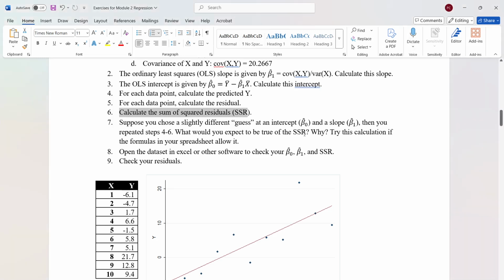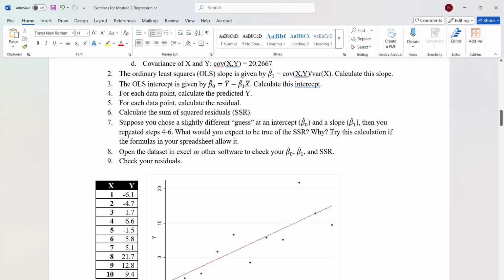What would you expect to be true of the SSR? Well, ordinary least squares minimizes the sum of squared residuals in order to come up with this formula. And we did that. So why? If I chose any other set of numbers, I should have a bigger SSR.